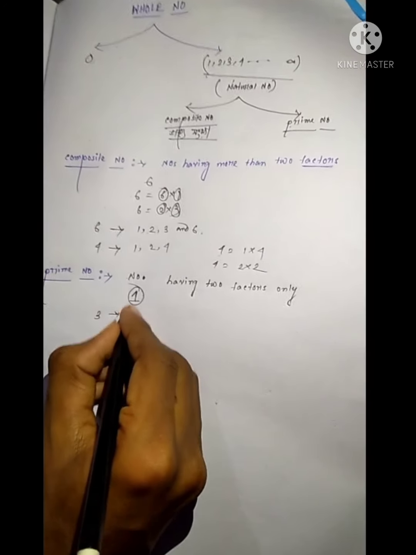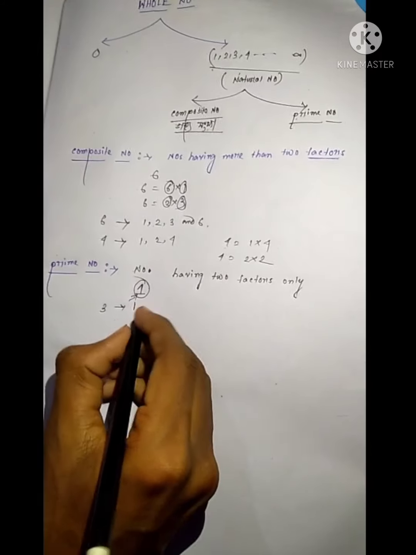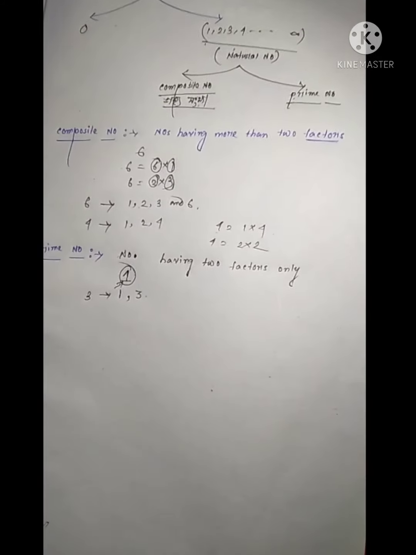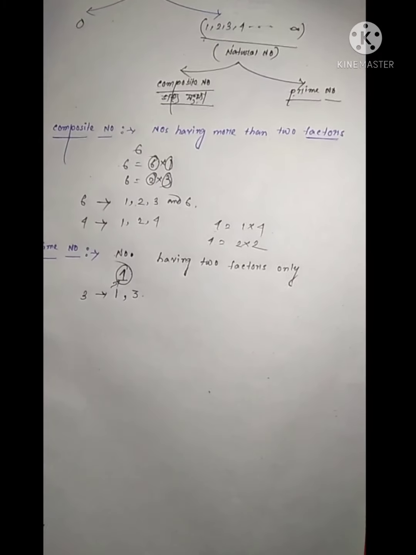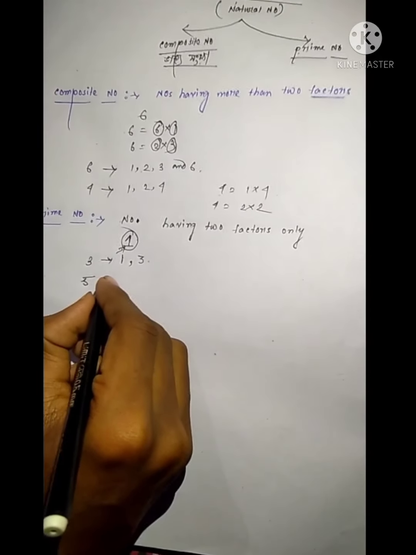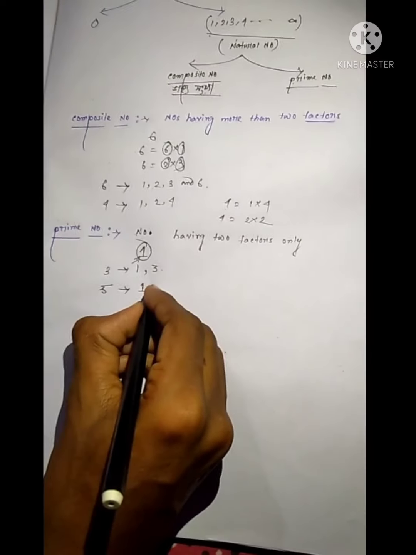One is 1, and another one is the number itself, 3. So it is a prime number. Another example of prime number is 5. It also has two factors: 1 and the number itself.